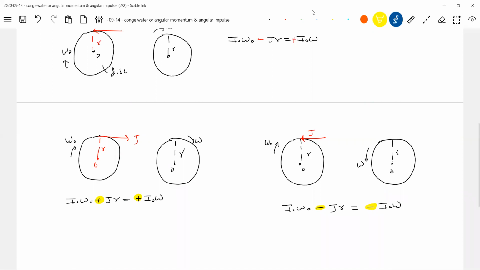Like that, the sign of angular impulse and angular momentum should be taken. And one more thing: about what axis you define the initial angular momentum, about that axis only you should define the angular impulse and the final angular momentum.